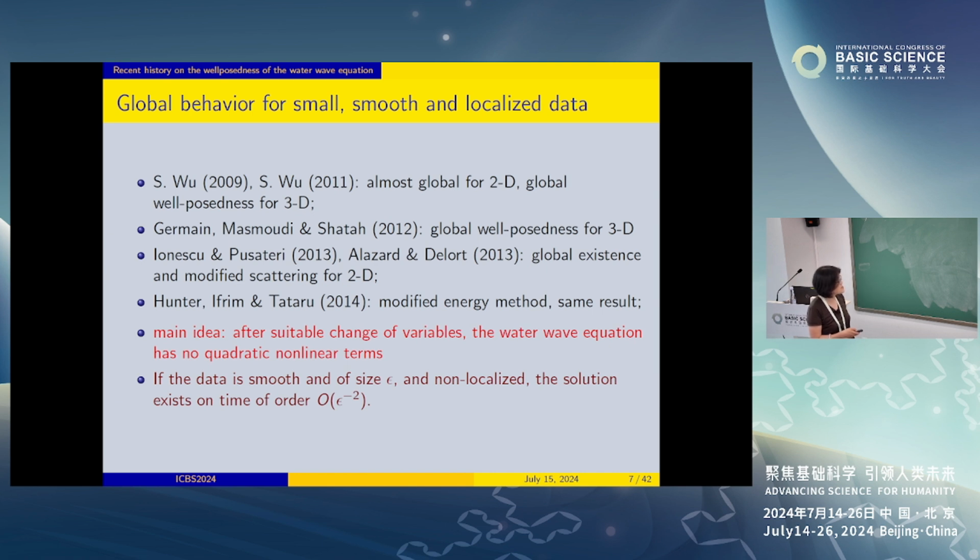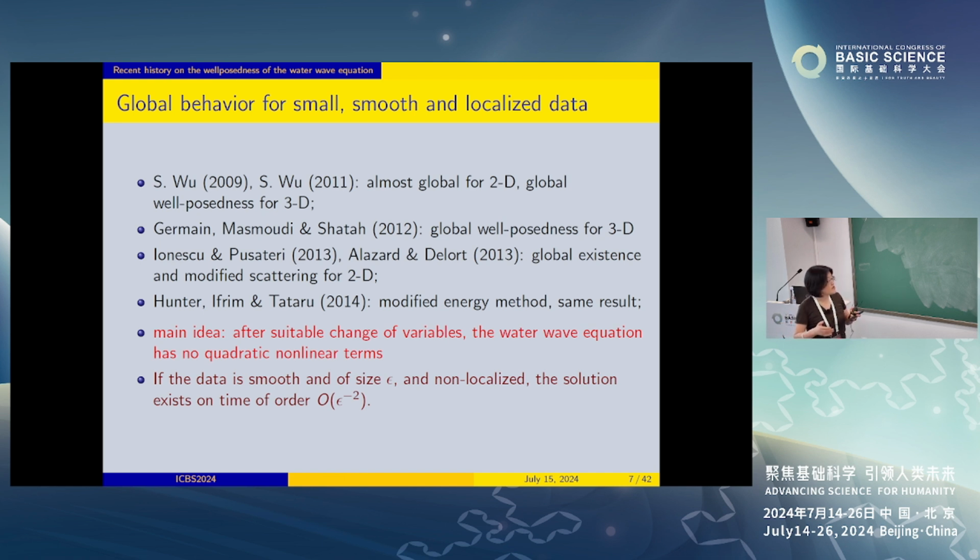Same result. The main idea of all this work is that for the water wave equation, after a suitable change of coordinates and variables, the equation will have no quadratic nonlinear term. In other words, it's linear plus something cubic, and we're dealing with something small, so it's a much smaller perturbation of the linear equation.